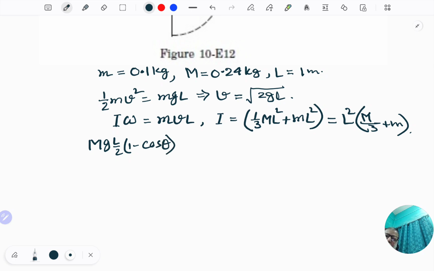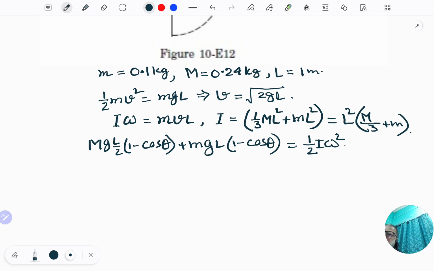For the particle, it will be mgl into 1 minus cos theta, and that will be equal to half I omega square, where I we have already defined the moment of inertia about the pivot of the system of rod plus particle.